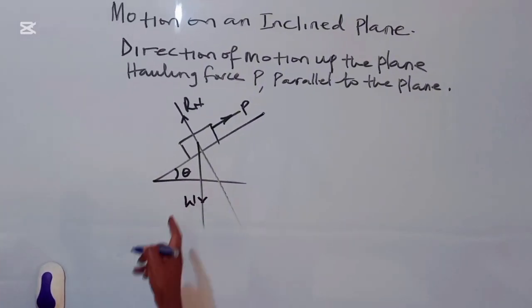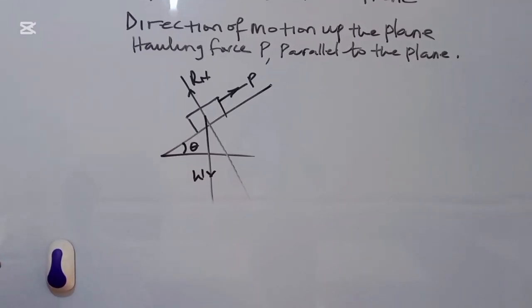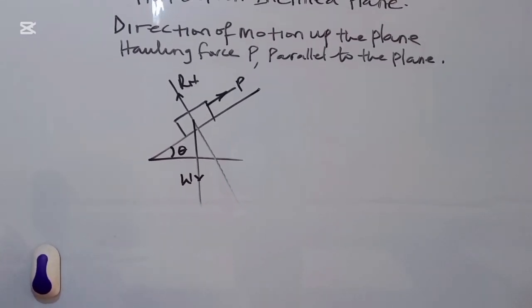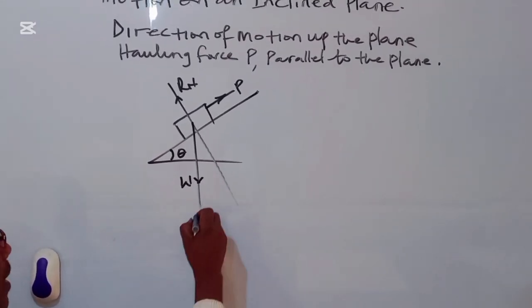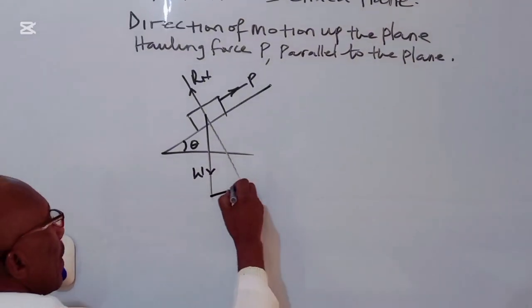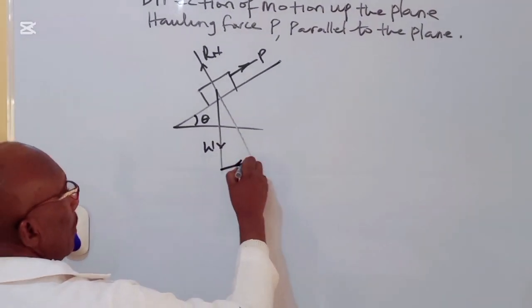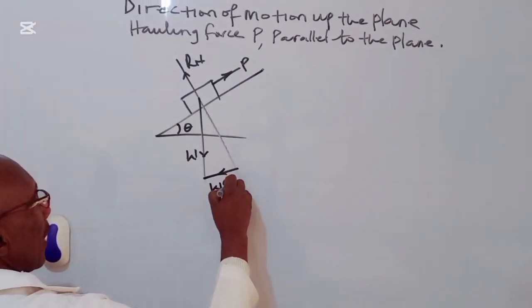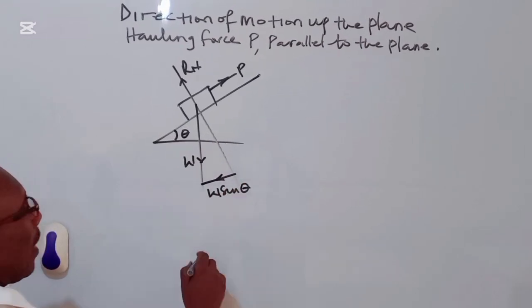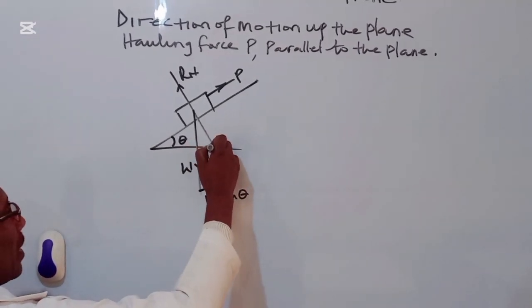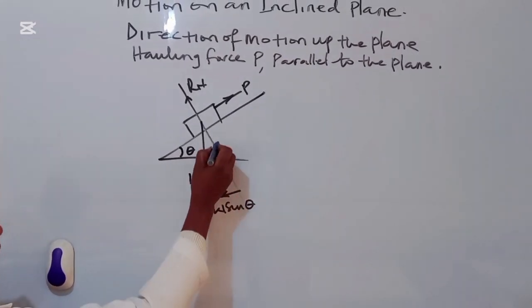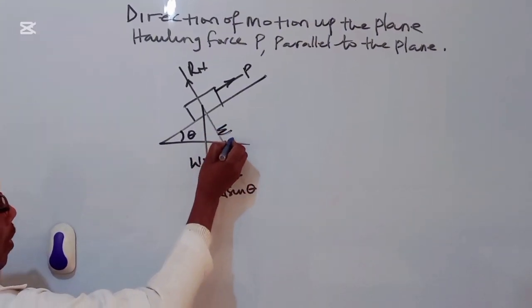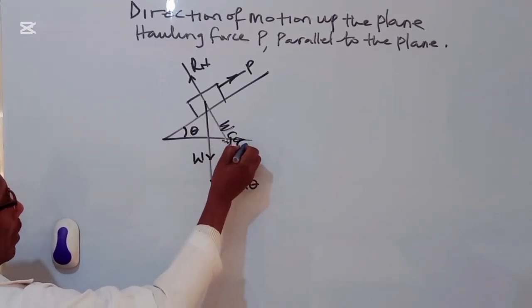Now, if I resolve the weight into two component parts, I will have this as W sine theta, and I'll have this perpendicular direction as W cos theta.